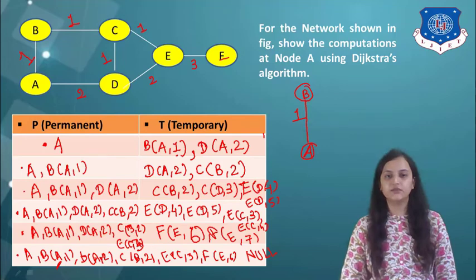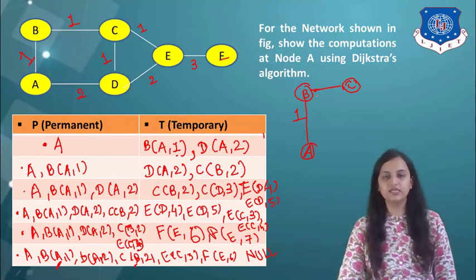Then the next is CB2. That means we are shifting to the value C from the node B with the distance 2. Now always the distance is calculated from the root node. So here 1 is there. So 1 plus 1, 2.